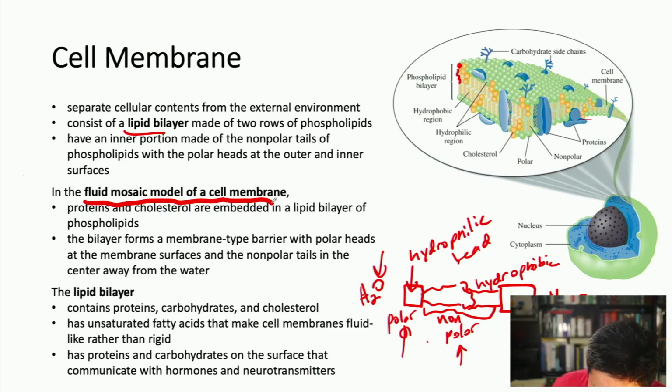All right? So the thing you've got to remember about the cell membrane is that it is a phospholipid bilayer, where the polar heads of the phospholipids are exposed to the water side on one side of the cell membrane.